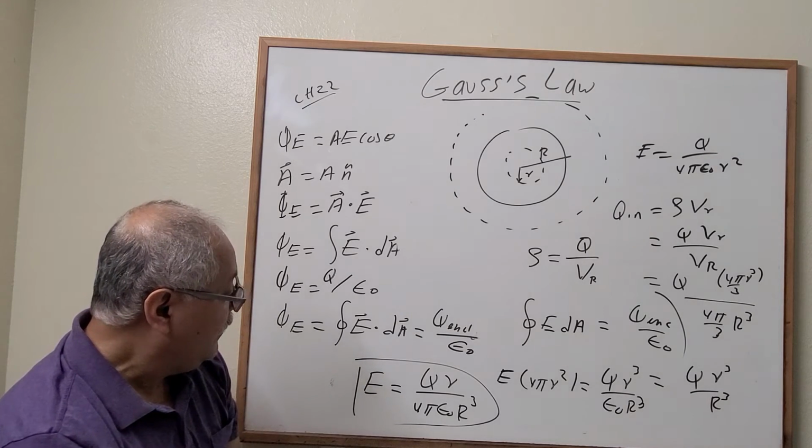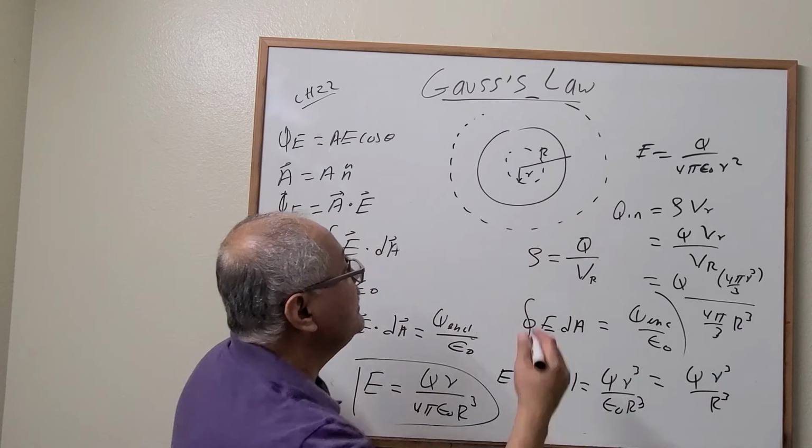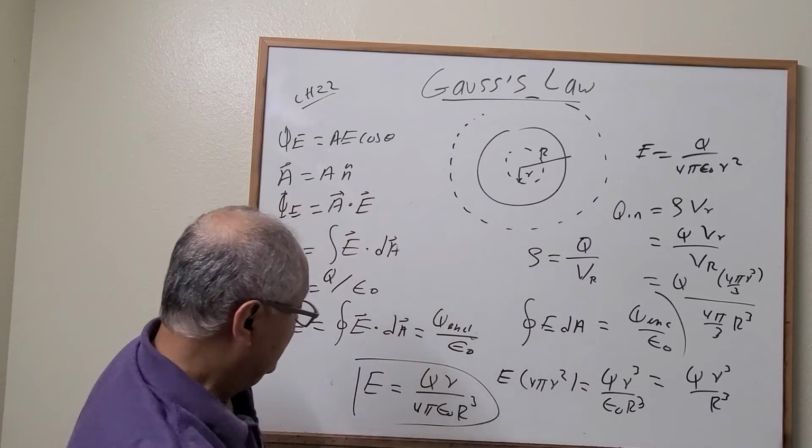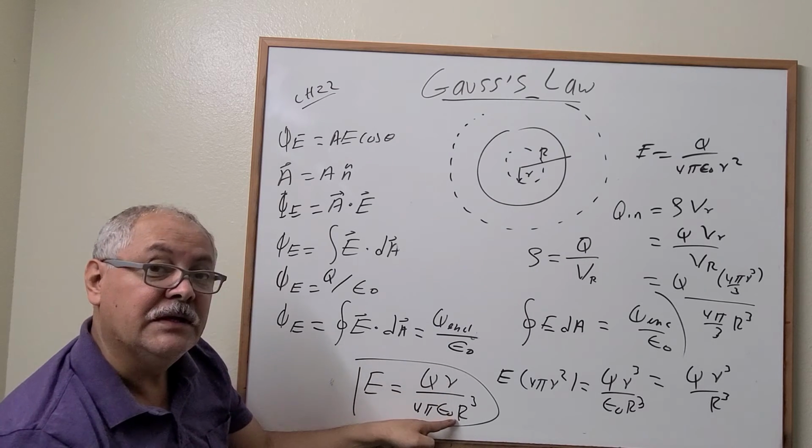Now let's see what happens at the edge, at the surface right here. At this surface, r is equal to the radius. And what do we have?